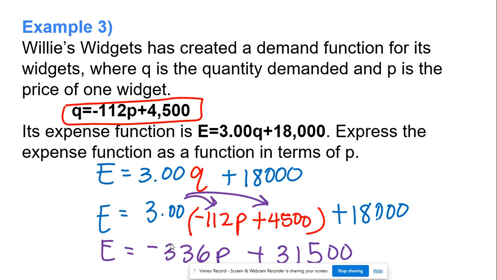Example 3 says Willie's Widgets has created a demand function where Q is the quantity and P is the price. And so the quantity is equal to negative 112P plus 4,500.